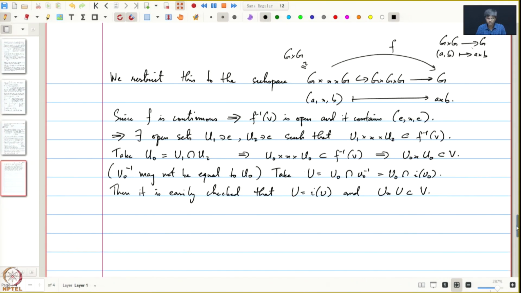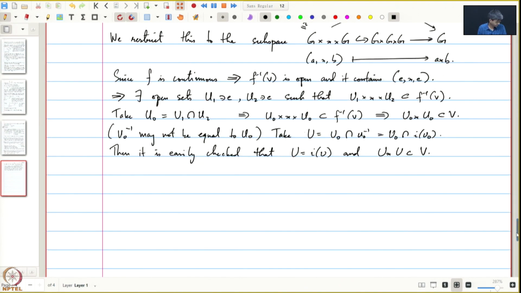Okay. So now that we have these lemmas in place, we will prove this interesting result. Okay, we need one more lemma. Let H contained in G be a closed subgroup. So what this means is that H is a closed subspace of G in the topology on G, and also H is a subgroup.